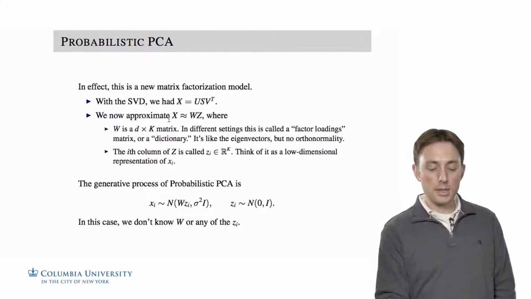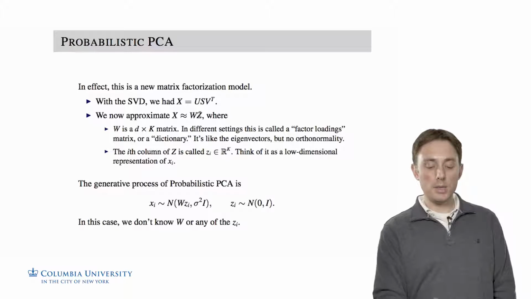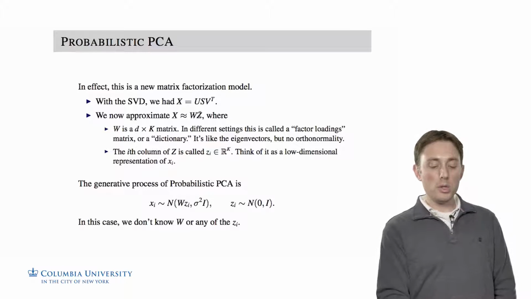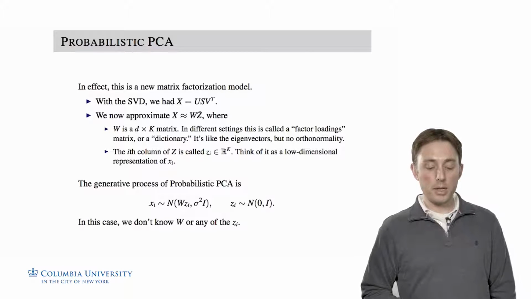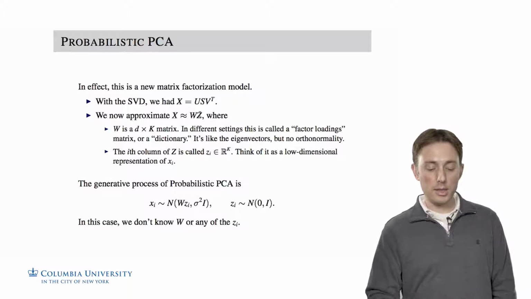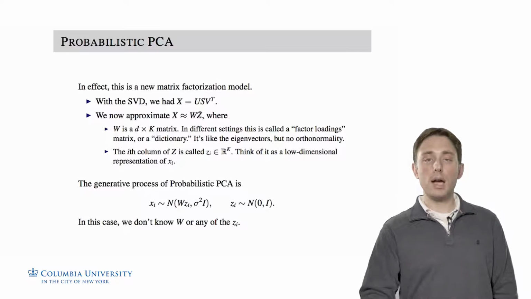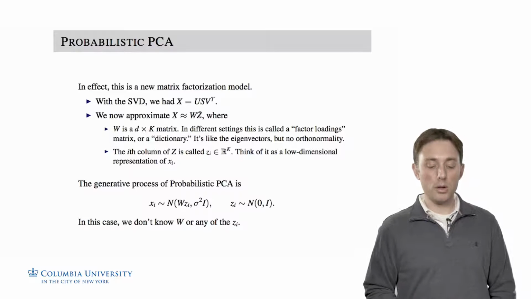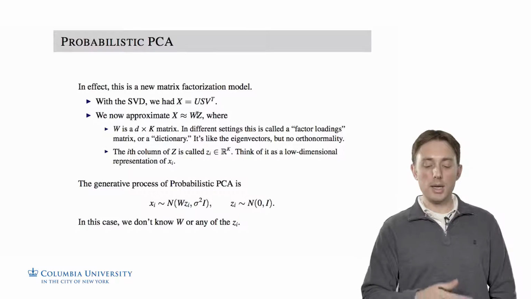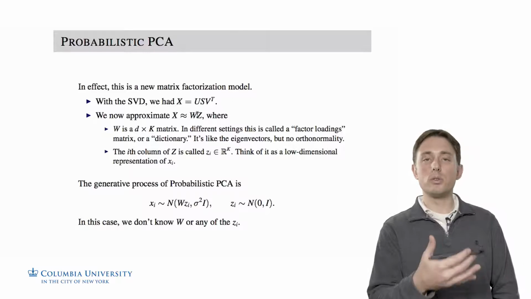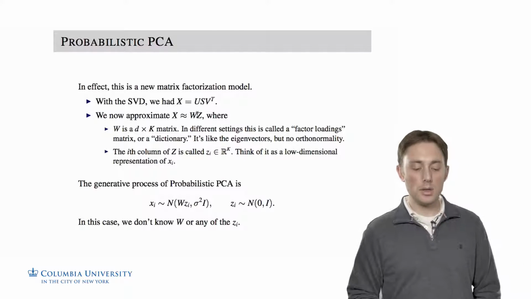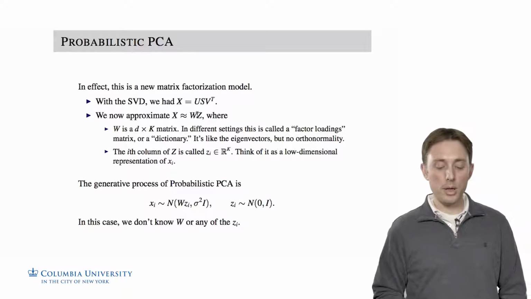We're going to say that X is approximately equal to W times Z, where W is a D by K matrix. D is the dimensionality of the data, and K is the number of eigenvalues and eigenvectors that we want to learn. In this setting, we can call W something else. We'll call it a factor loadings matrix or a dictionary, so it has many different names, depending on the problem it's being applied to.